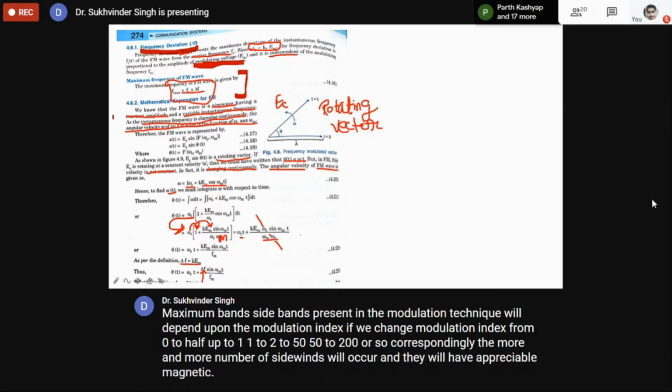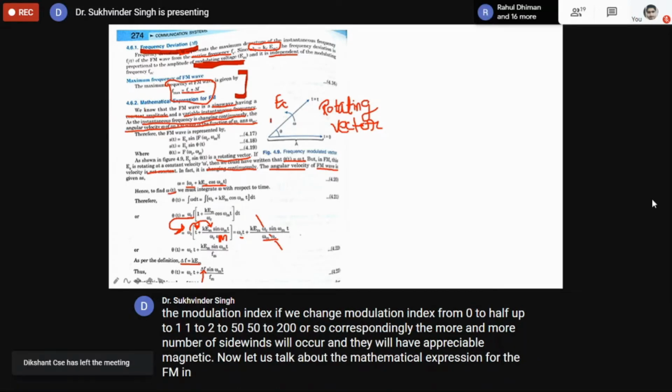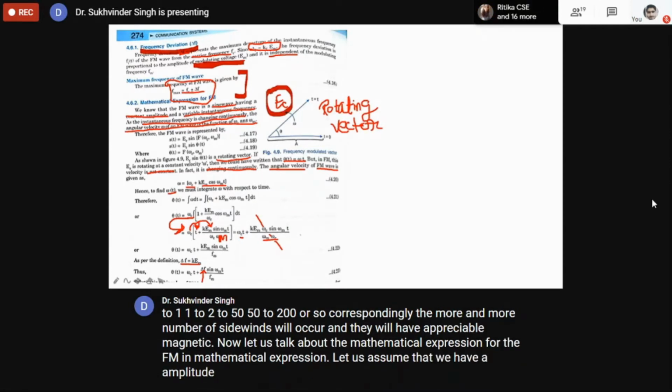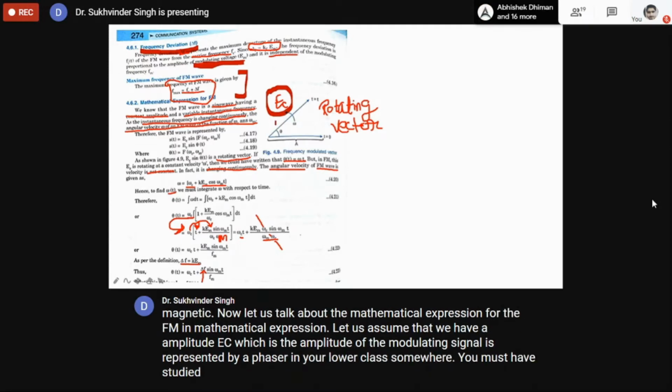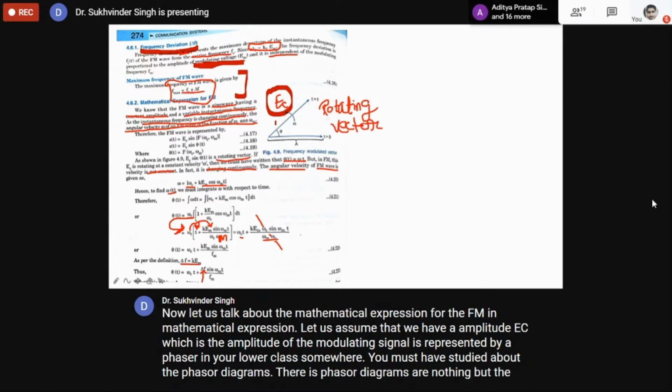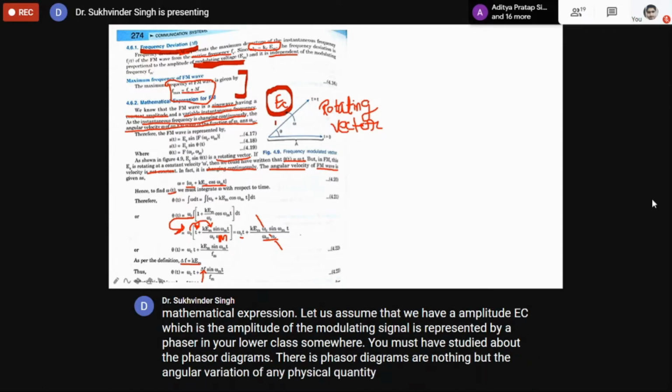Now let us talk about the mathematical expression for the FM. Let us assume that we have an amplitude Ec, the amplitude of the modulating signal, represented by a phasor. In your lower classes, you must have studied phasor diagrams. These phasor diagrams are nothing but the angular variation of any physical quantity over time.